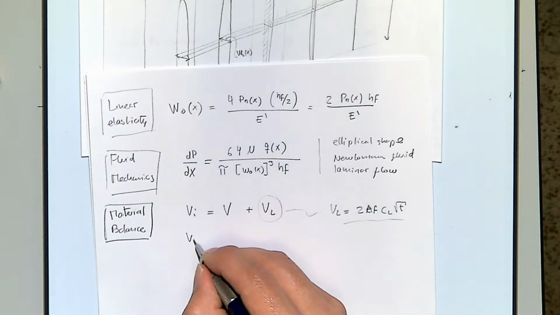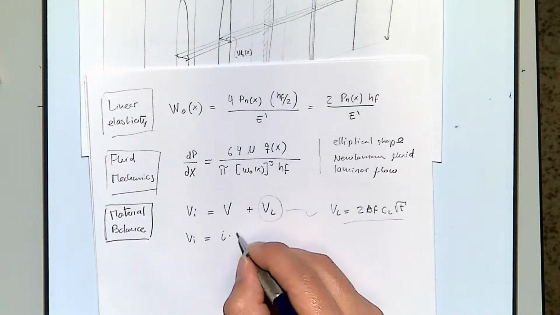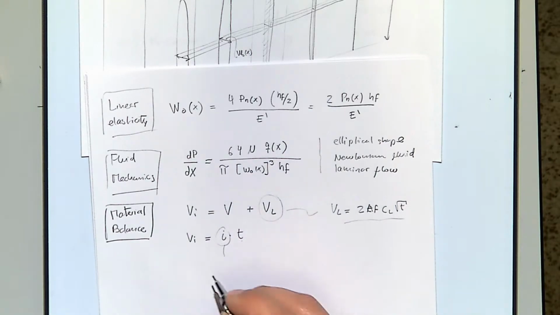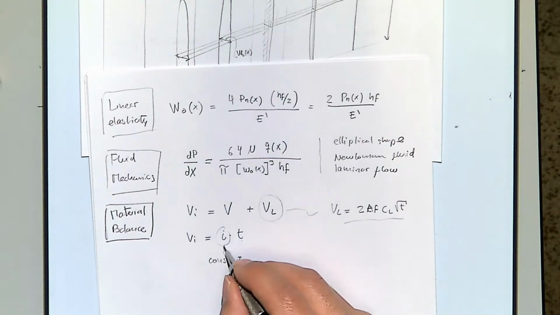And the amount of injected volume, and we're going to assume this for this case, is a constant rate. So the amount of injected volume is just the injection rate times time. For this particular model, we assume this one to be constant. And this I is the injection rate.